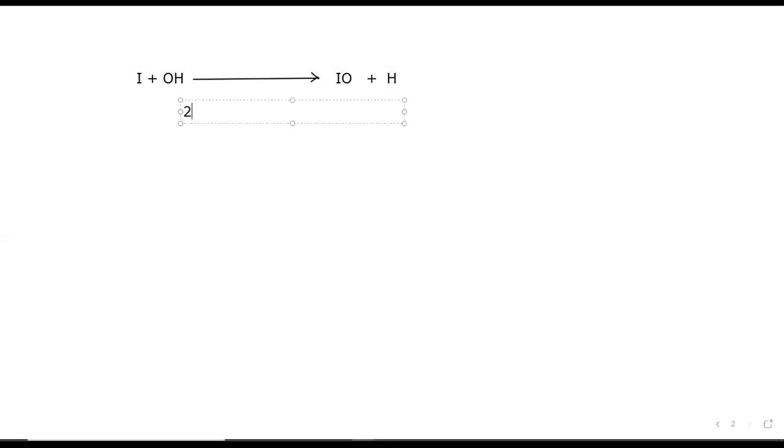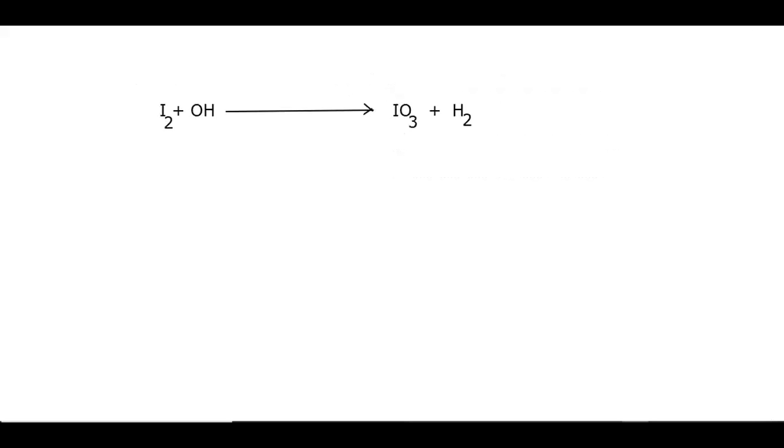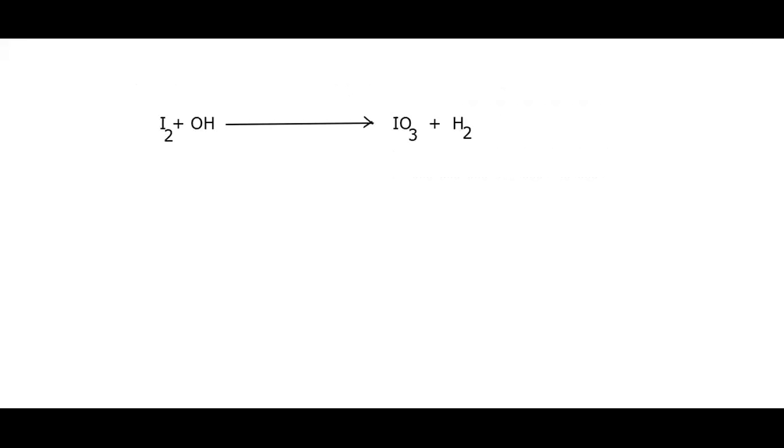Now our iodide has a 2, and then our iodide trioxide has a 3, and then our hydrogen has a 2 there. Okay, so iodide trioxide, you get it there. And then we have the iodide going on there. Okay, and then we have the hydrogen. I left out something. Yes, the iodide ion. Okay, right.